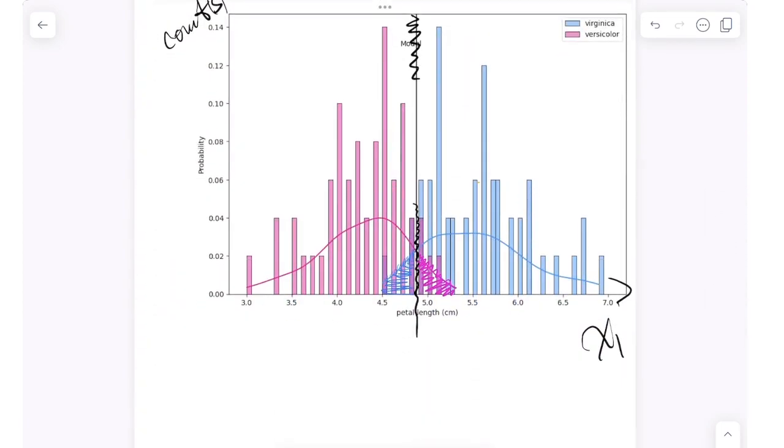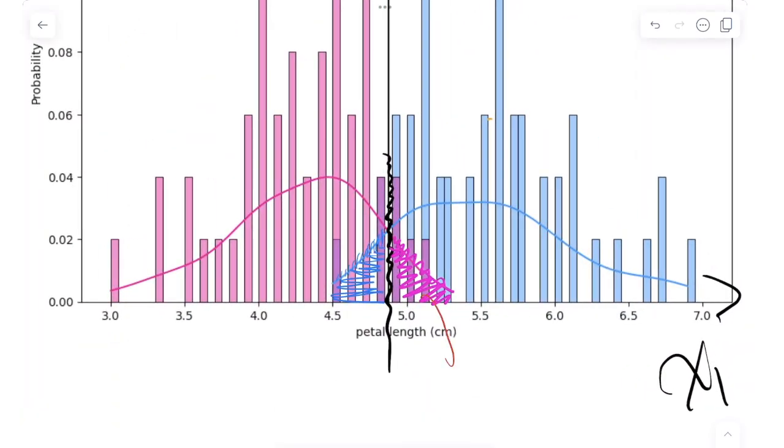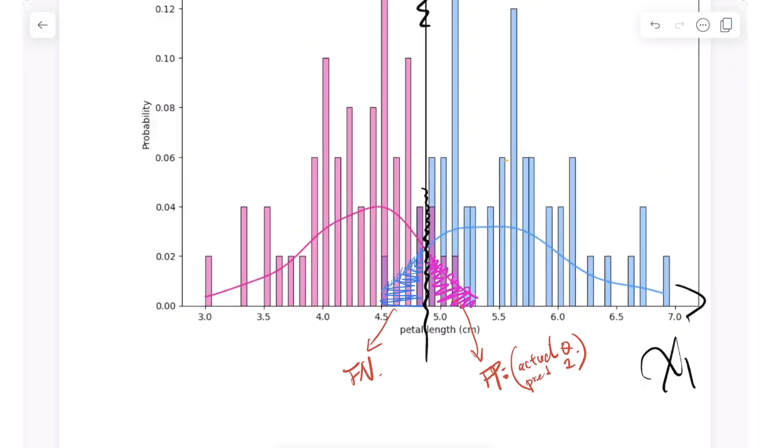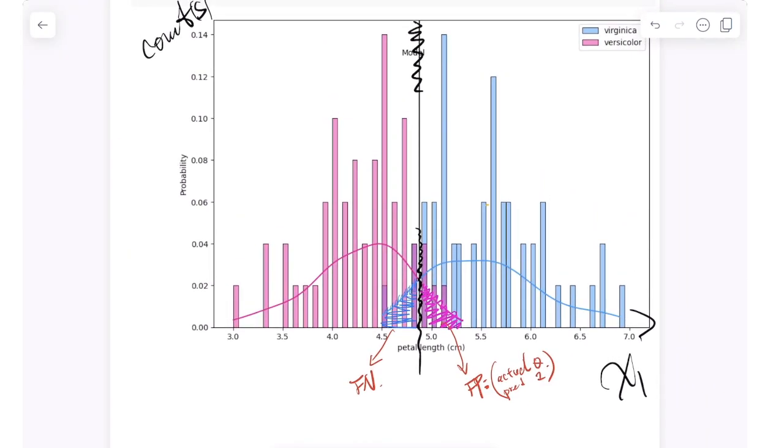So the pink part, this part is the false positive, and this part is the false negative. False positive means actually it is 0, but the prediction is 1. The false negative is the opposite. So sometimes we believe the model, the black line right here, may have the best accuracy.